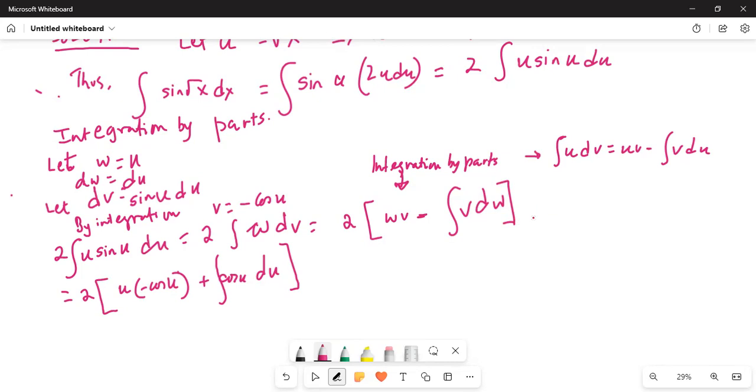In the first term, wv becomes u times minus cosine u, plus the integral of cosine u du, two minuses making it positive. That becomes 2 times minus u cosine u plus sine u plus c, where c is the integration constant.